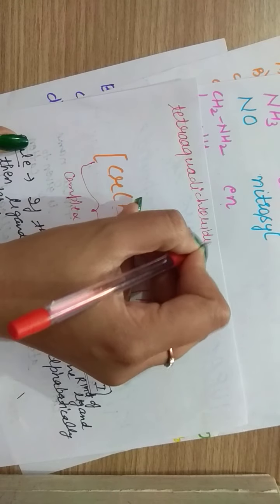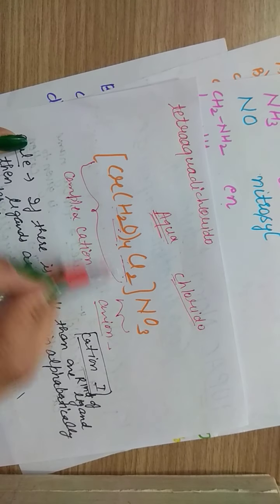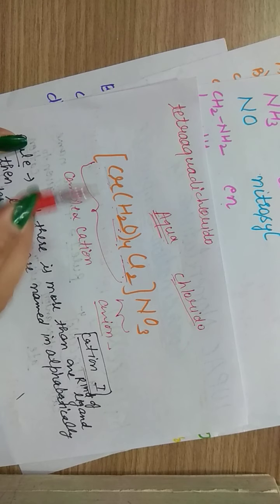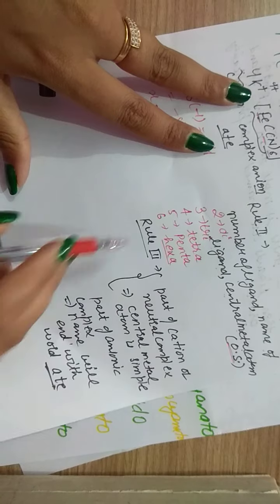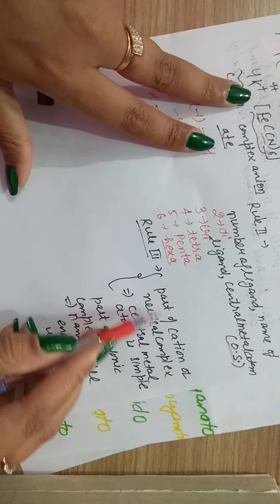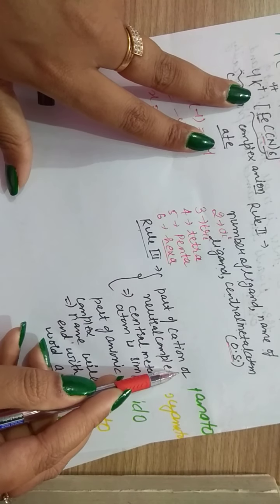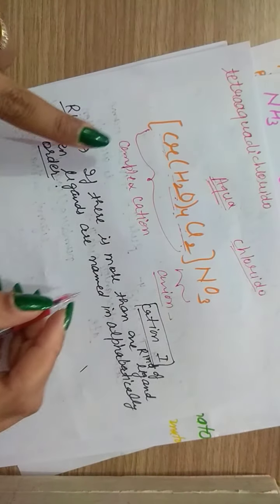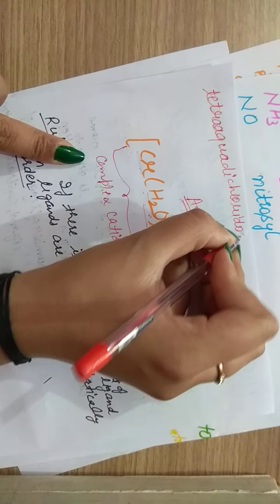Dichlorido for Cl. Now we come to the central metal atom, which is chromium. According to rule number three, if the central metal atom is part of a cation, its name is simply written, so we simply write chromium.